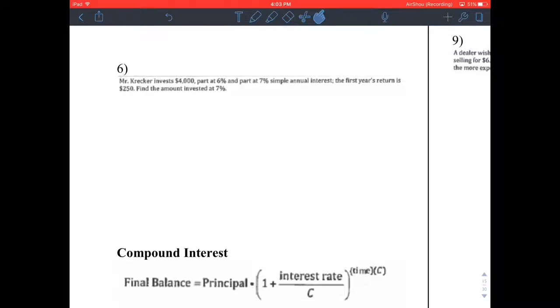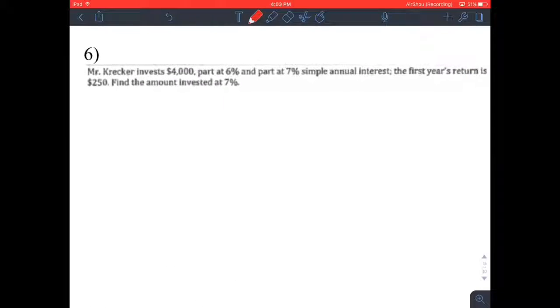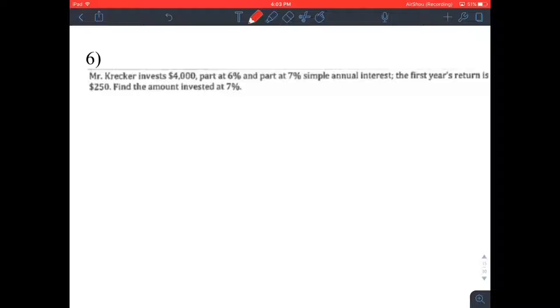Number 6, a lot more complicated. Mr. Krecker invests $4,000, part at 6% and part at 7%. Let's figure that out first of all. So the principal at 7%, let's say that that's X dollars.